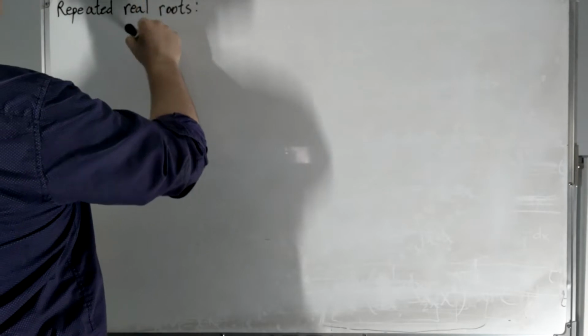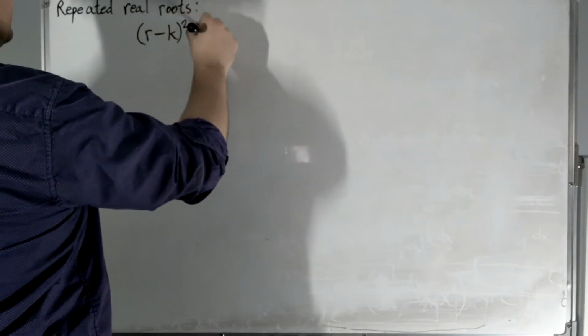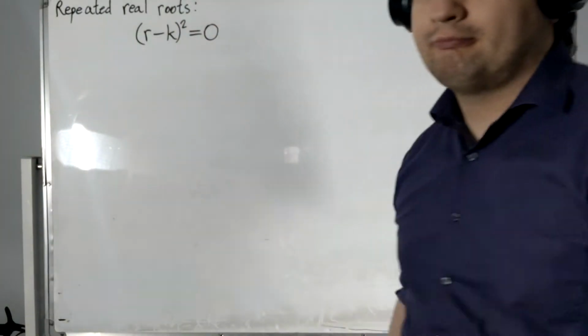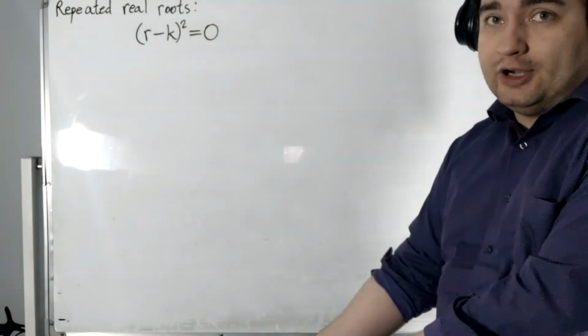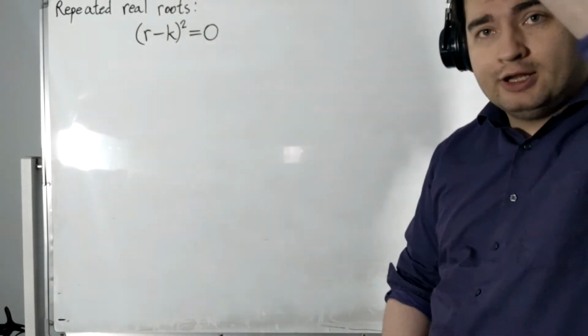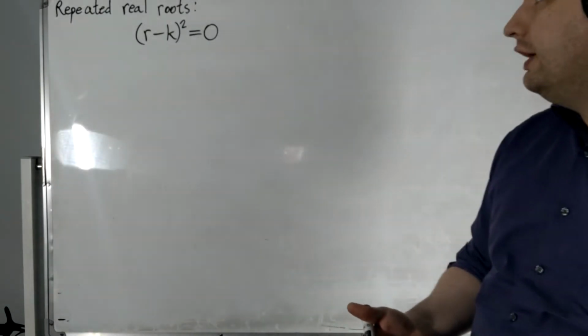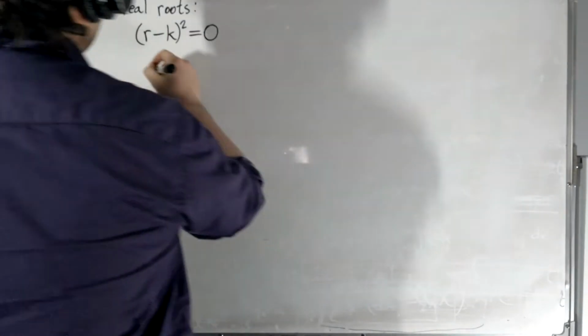Basically, you're going to get an equation that looks like (r minus something) squared equals 0. That literally means (r minus k) times (r minus k) equals 0, right? And so then, normally what you'd do is you'd say, all right, well, that gives us two different solutions.